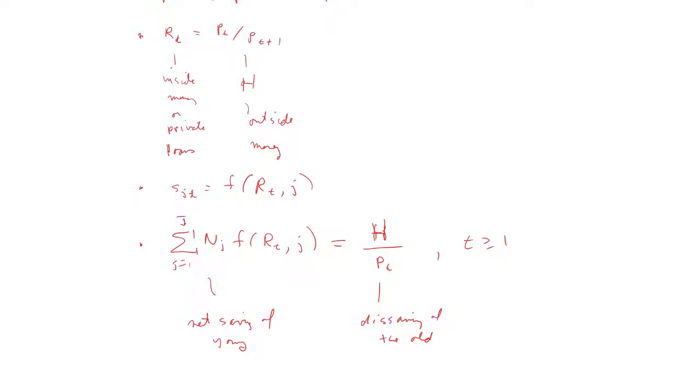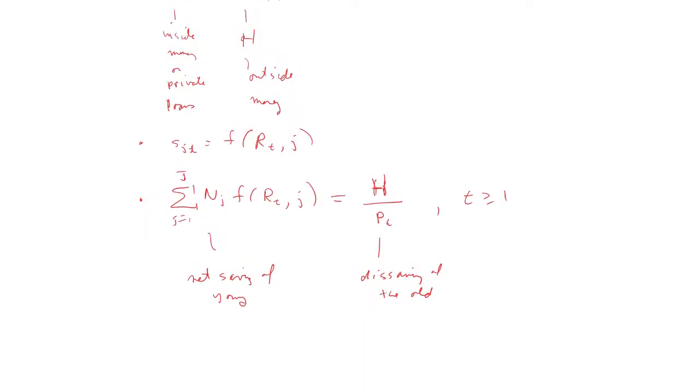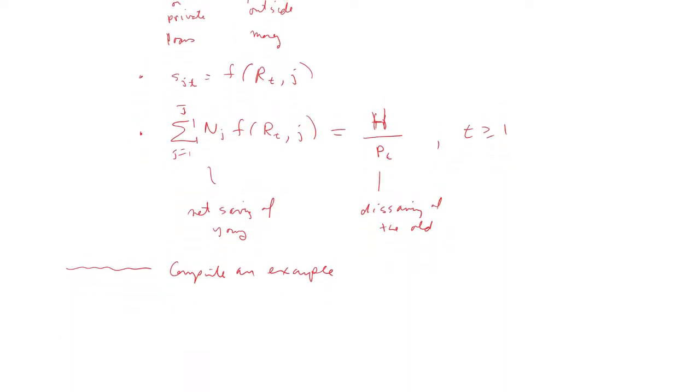So very good. So now let's compute an example, kind of using our graph. We'll do this both with an equation and a graph. So I'm going to guess that there exists an equilibrium in which RT is equal to 1 for all t greater than or equal to 1.